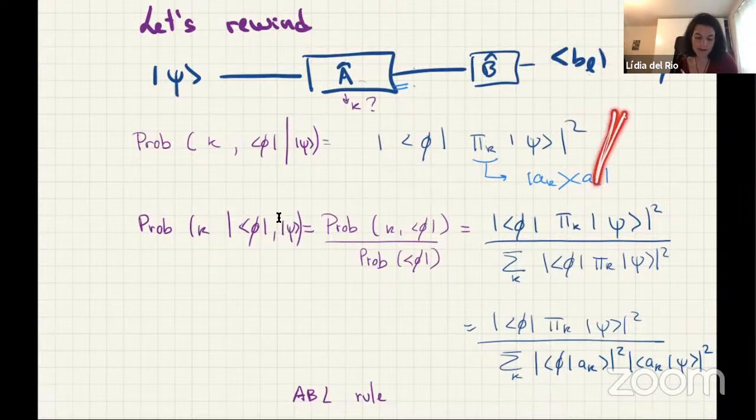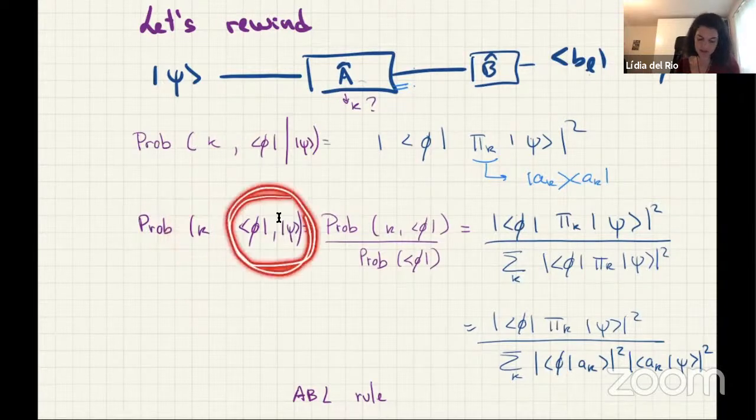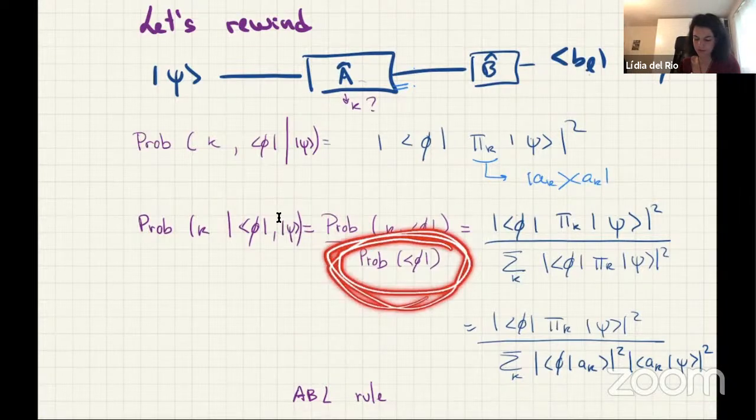And the second one is: what's the probability of getting K, conditioned on the fact that I got this outcome L that I wanted at the end? So that's the difference. There I need to divide by the probability of getting this outcome L at the end.